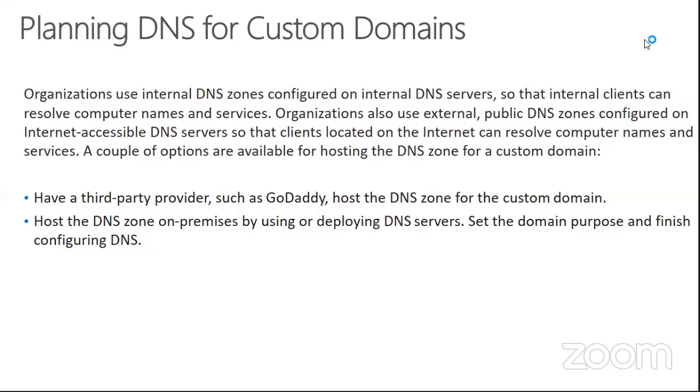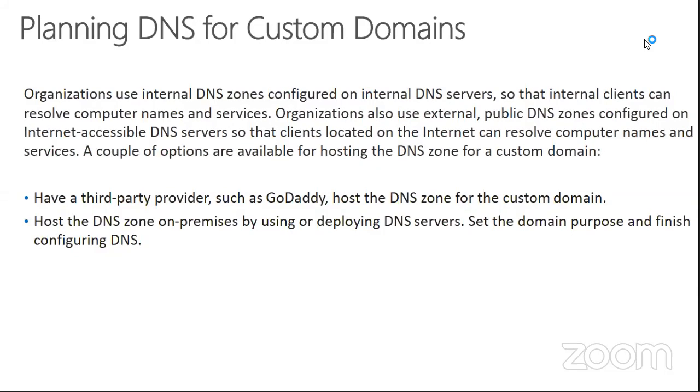Other than that, it's also important to plan for your existing DNS servers, especially when you're using a custom domain, because a publicly available DNS zone setup is very important during the Office 365 deployment, right? Especially for organizations that want to use their own custom domains.